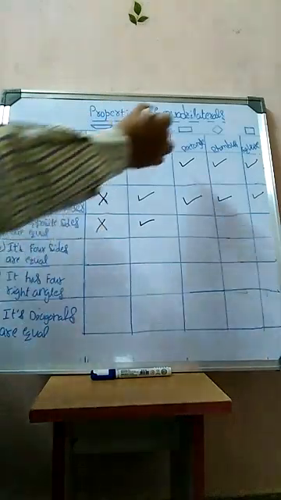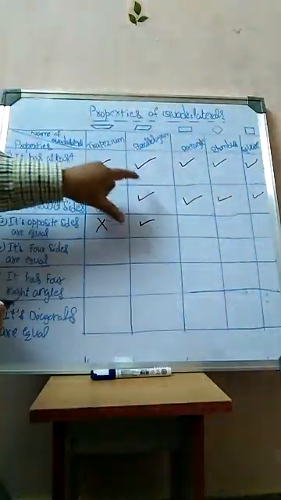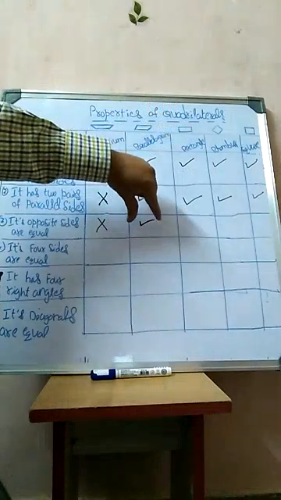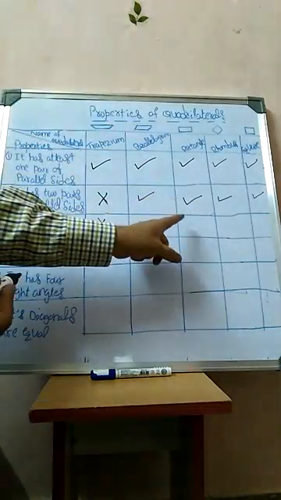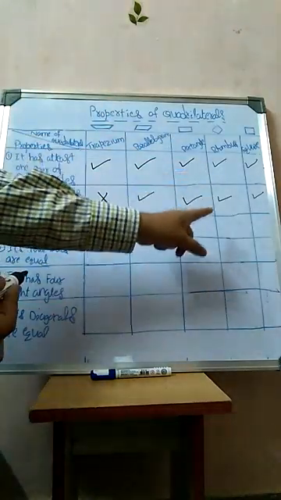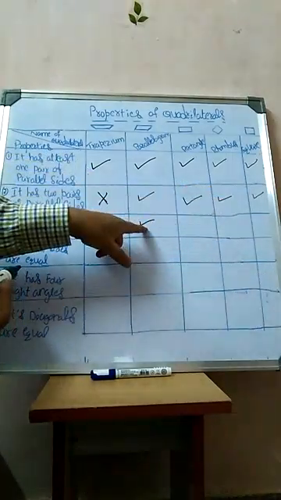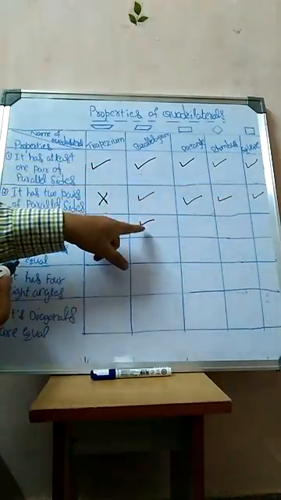Put a tick. In rectangle, same like that. If a parallelogram satisfies any condition, it means the remaining three will also satisfy. Why? Because we are defining rectangle, rhombus and square from parallelogram only. What are the properties of parallelogram?